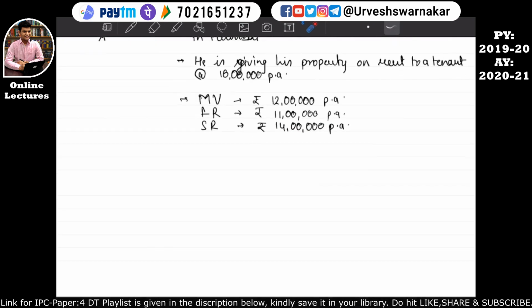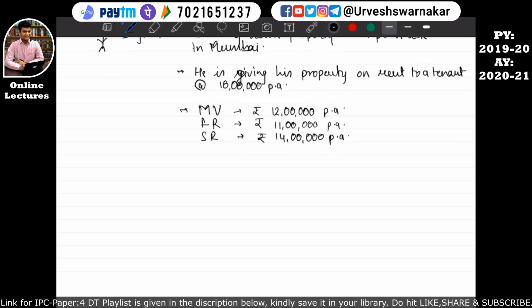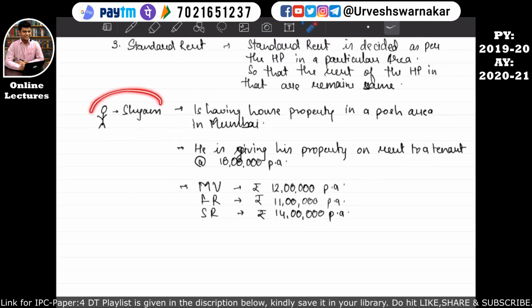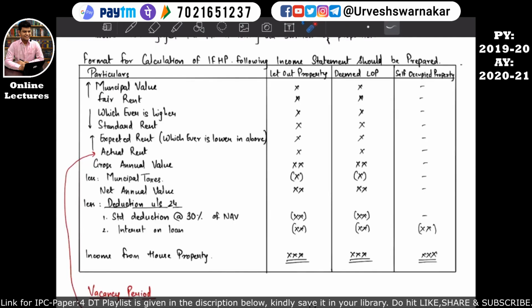So the annual value of the house property for Mr. Sham, our assessee, will be calculated in this manner. Why are we calculating all this? We are calculating in order to find out the gross annual value. Gross annual value means yearly rental income of the assessee.